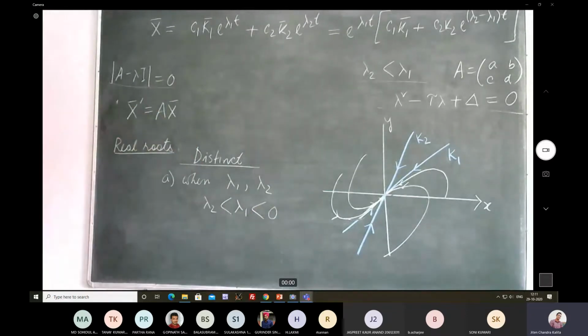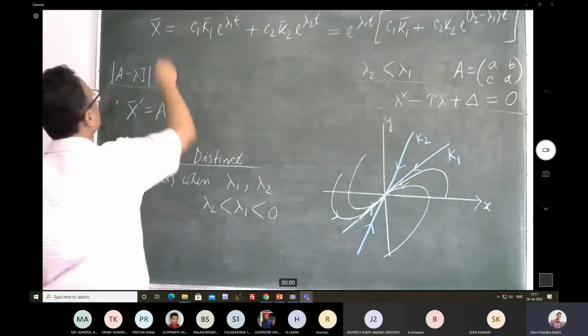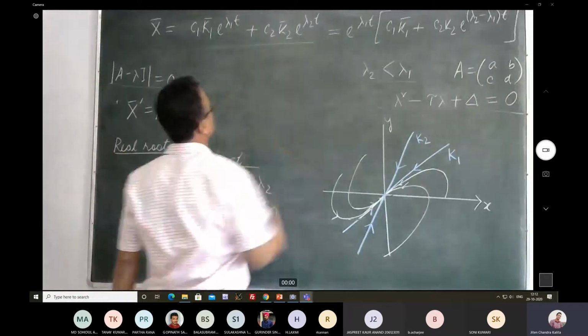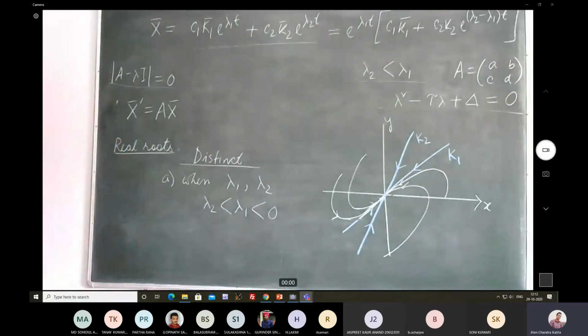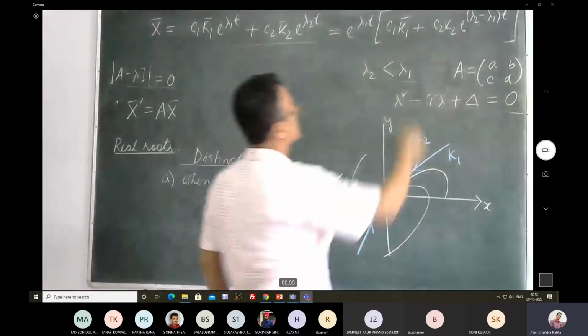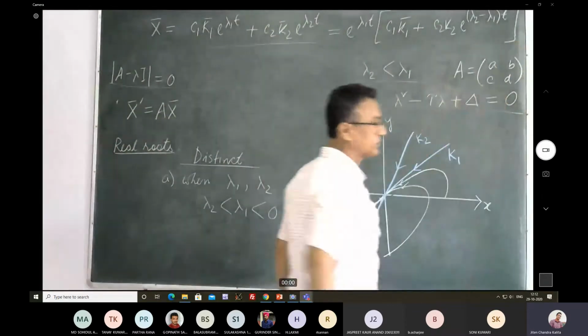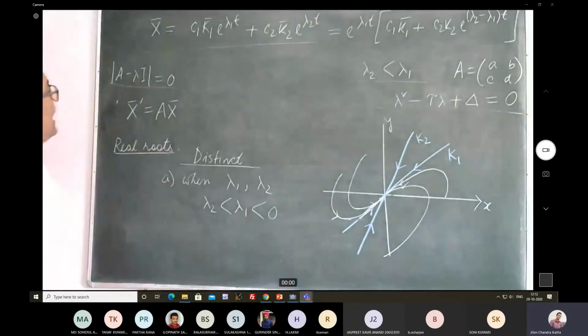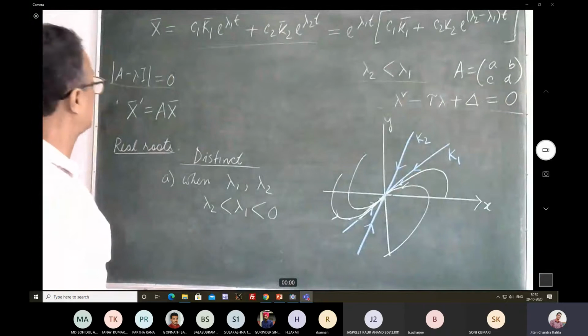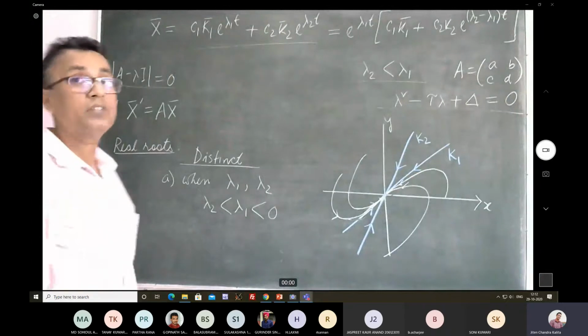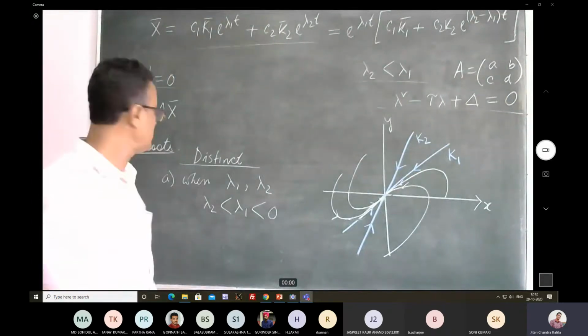And yesterday I explained to you that the general solution I can write like this, and I can adjust it like this one. You can see that lambda 2 minus lambda 1 is always going to be negative, right?